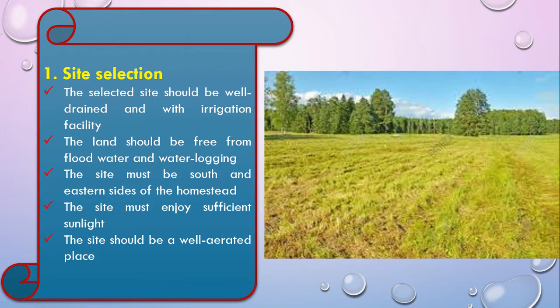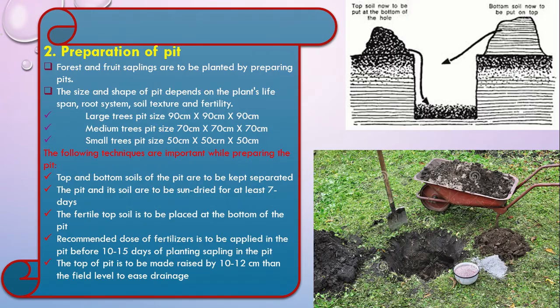And the other thing is, make sure the site is protected from livestock, buffalo, cow, and other things. This is the first step of sapling or seedling transplanting for afforestation.